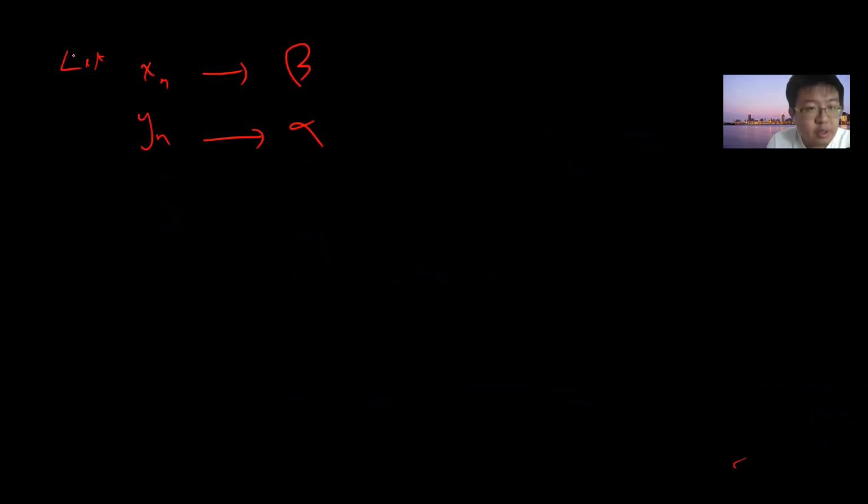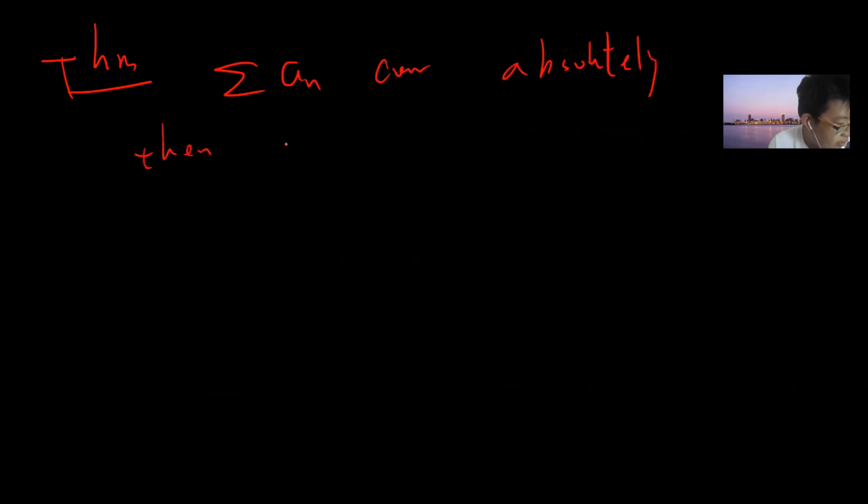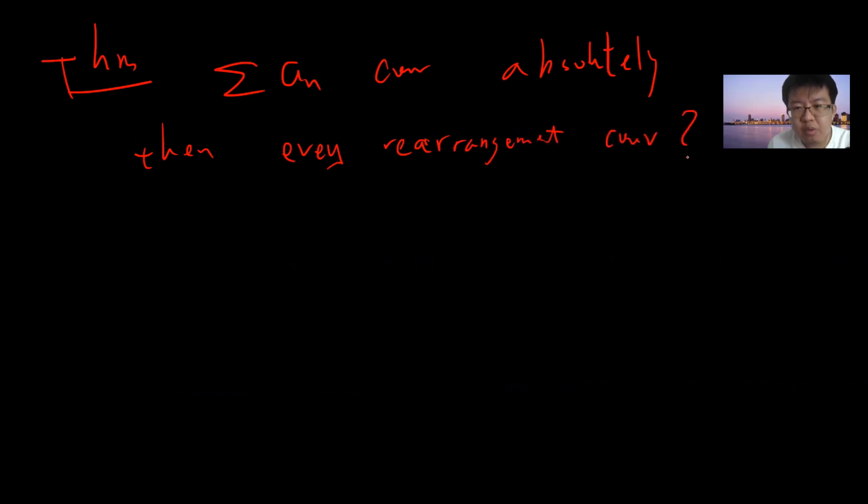Okay, so the final theorem: if sigma n converges absolutely, then every rearrangement converges to the same sum.